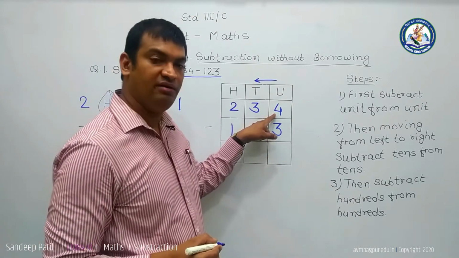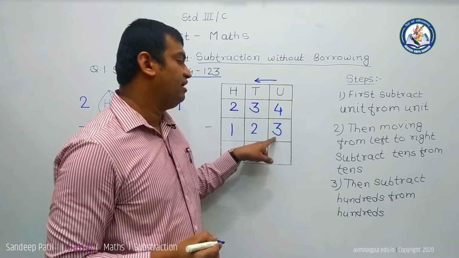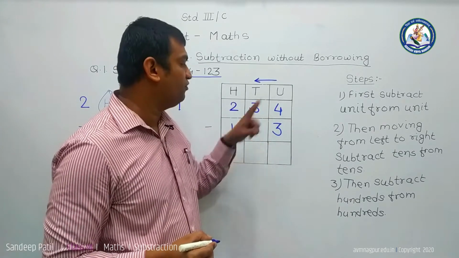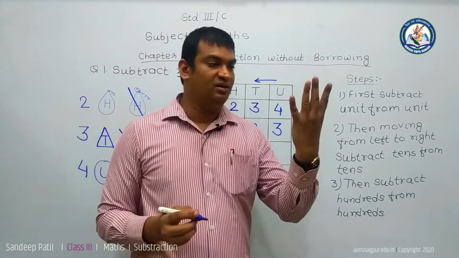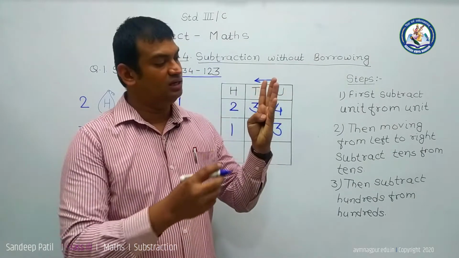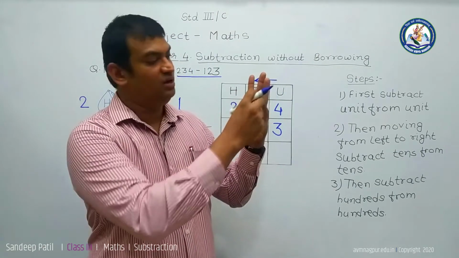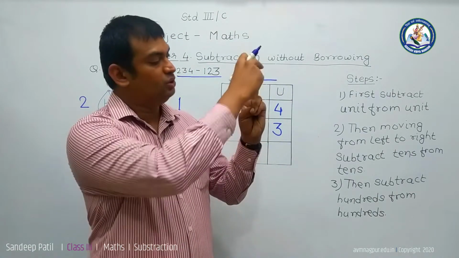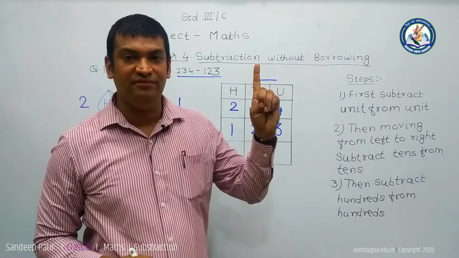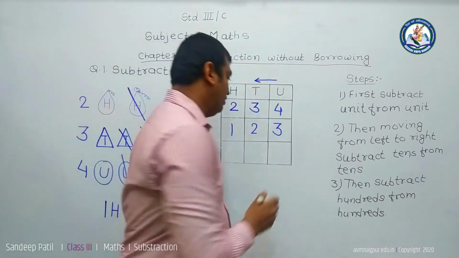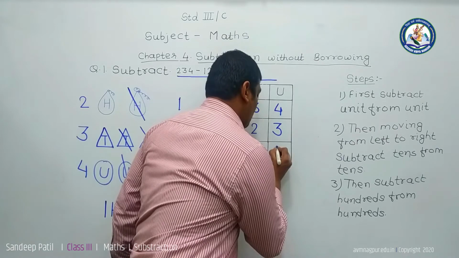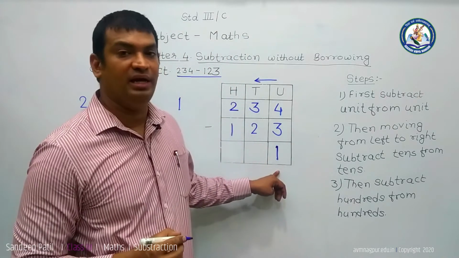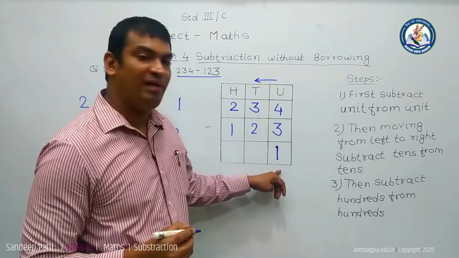At first we are given 4 units. We have to subtract 3 units from 4. So let's minus it. We have 4 here. We have to minus 3. 1, 2 and 3. How many am I left with? I am left with 1 only. So I am writing 1 here. Now 4 minus 3 is 1.